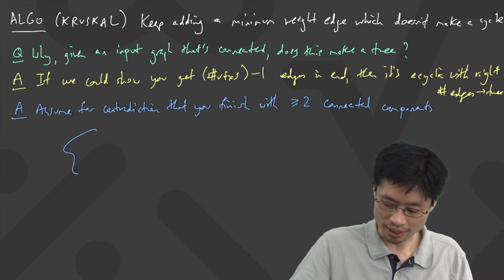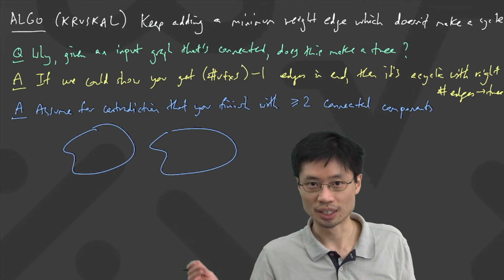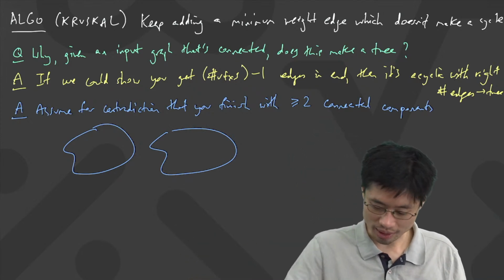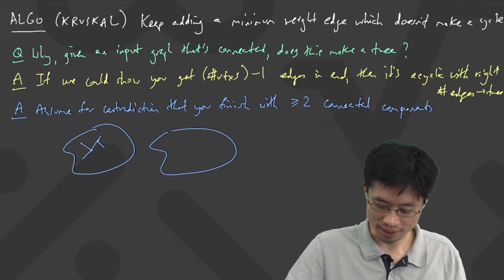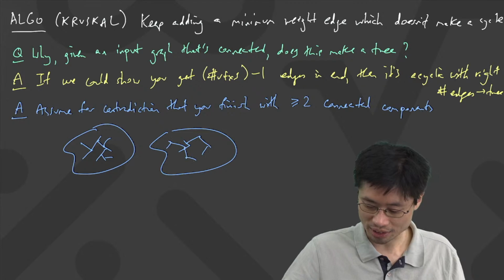Maybe the 2 connected components are here, and there could be more. When I drew those things, I'm referring to them being connected, so each contains some kind of tree-like structure inside.